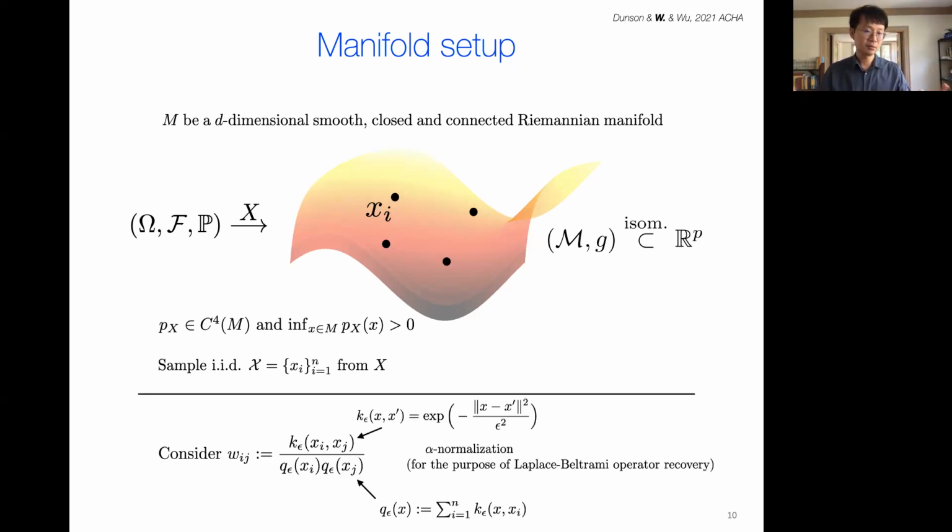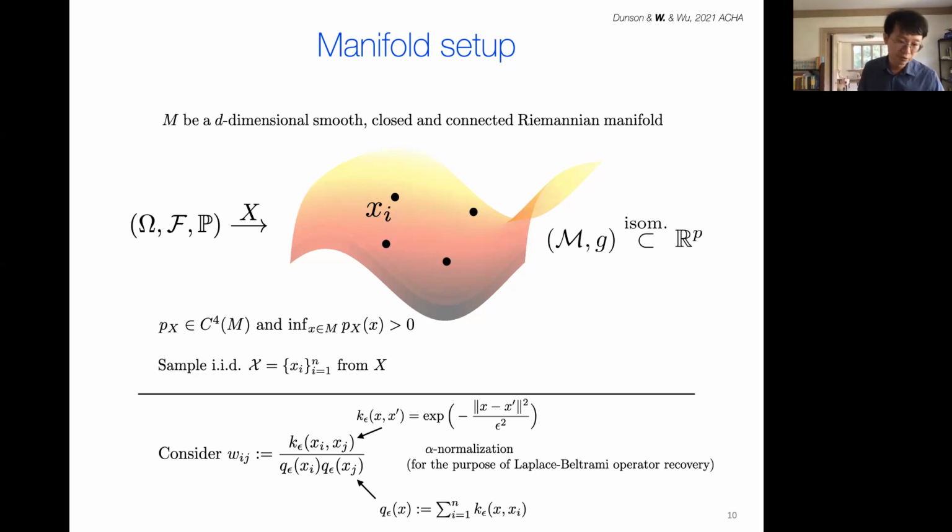Now we can take those n points as our point cloud, and you construct an affinity. The affinity we consider here is a specific one, a kernel random matrix, k epsilon, as we saw before. But we do some normalization, which we usually call alpha normalization, proposed in 2006.